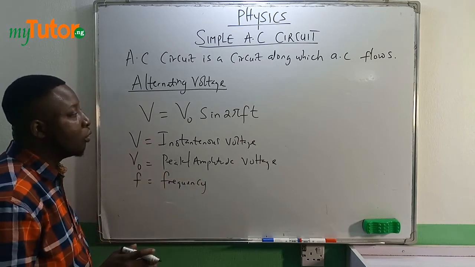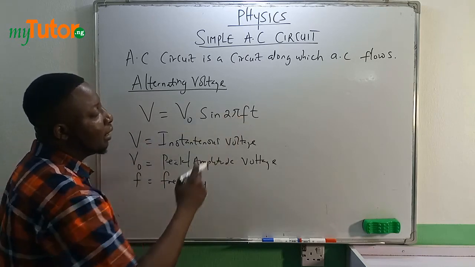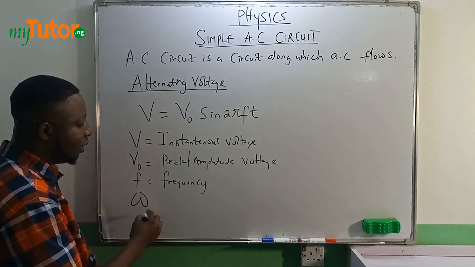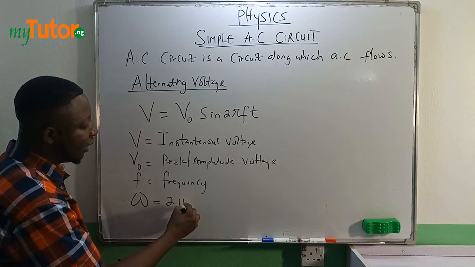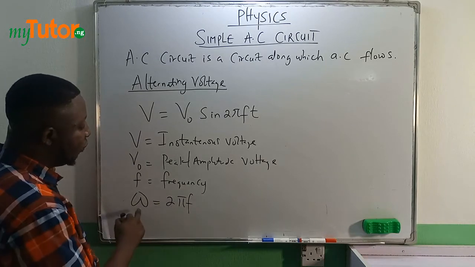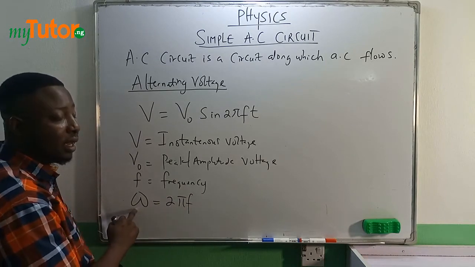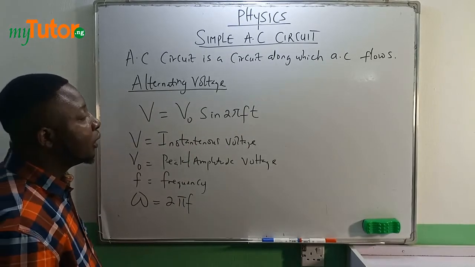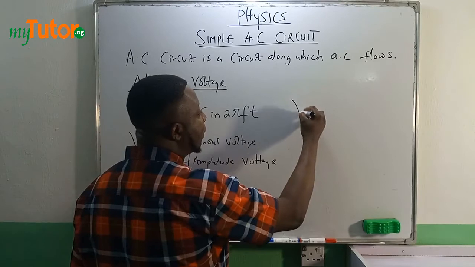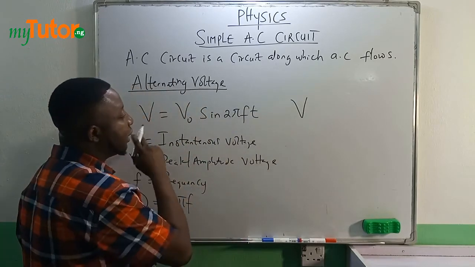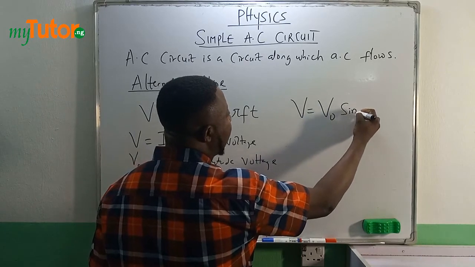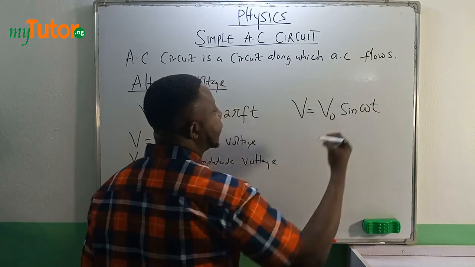Also, if you recall, we said that 2 pi f is equal to our angular velocity omega. So if we substitute omega, which is equal to 2 pi f, into that equation, then we'll have the second equation representing alternating voltage, that V is equal to V naught sine omega t.